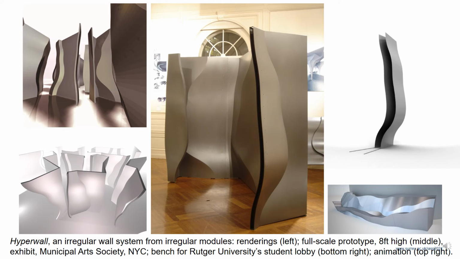And on the top right is the animation of a portion of the hyperwall system. The idea again in future, maybe new materials might enable making curved surfaces joined with morphing seams as hinges. As of this point, we don't know how to make them.